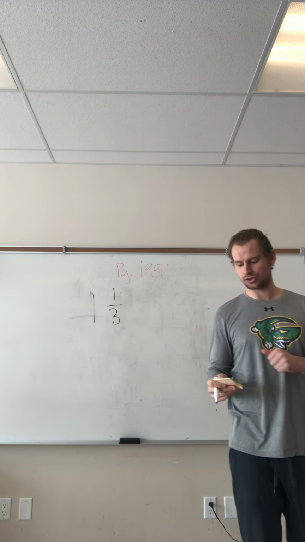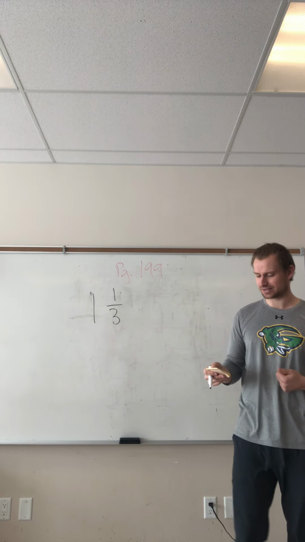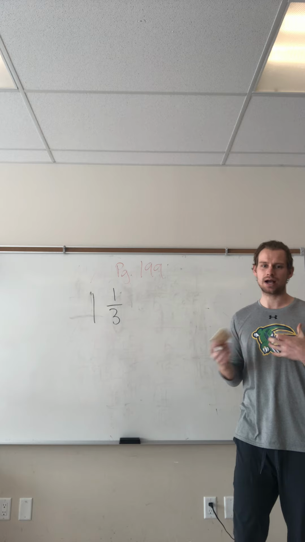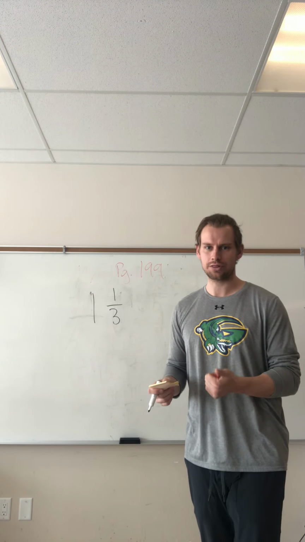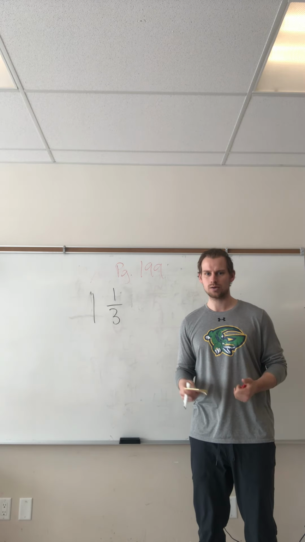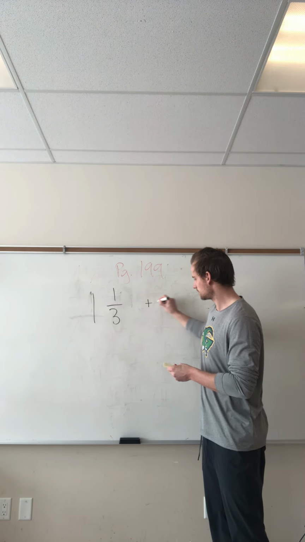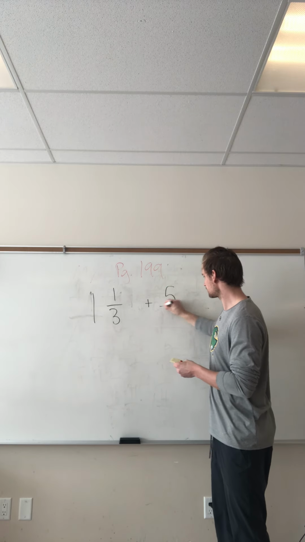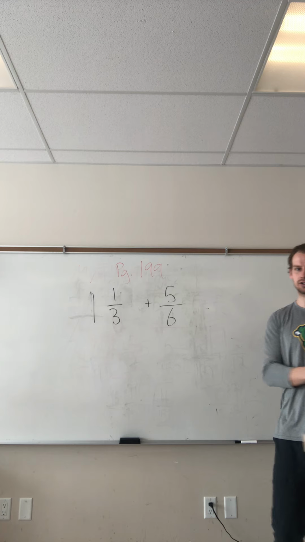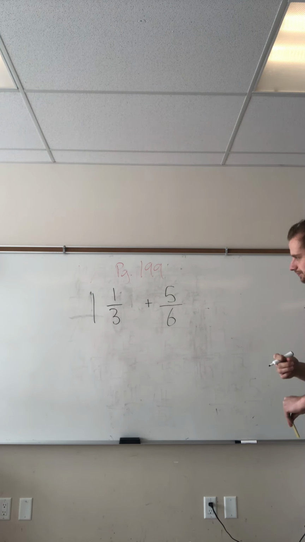So what it's asking you to do then is add your 5/6 cups of whole wheat flour, because it's asking you how much you have in total. So you have 1 1/3 of all-purpose, you have 5/6 cup of whole wheat. It wants to know how much flour you have total. So to this, we are going to add our 5/6 cups of whole wheat. So give you a second, jot that down in your notes. It's our example question together today.